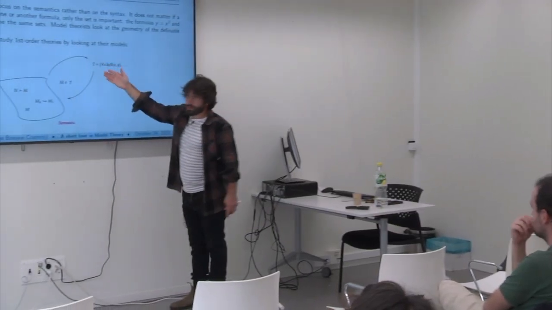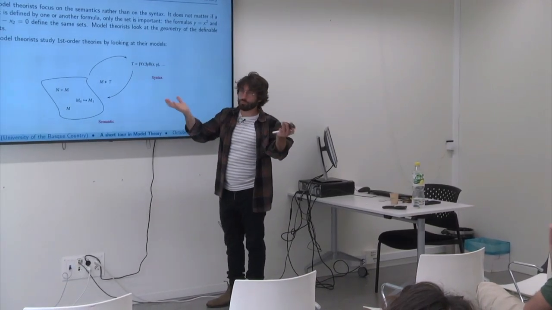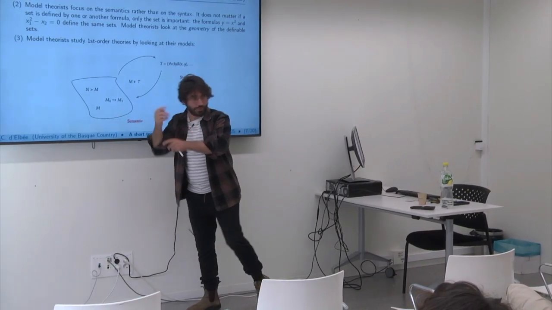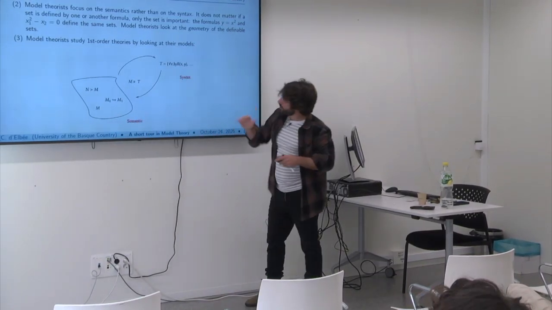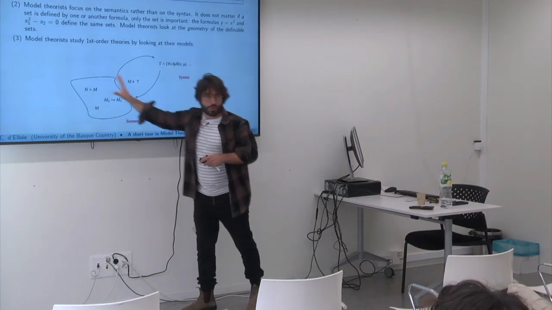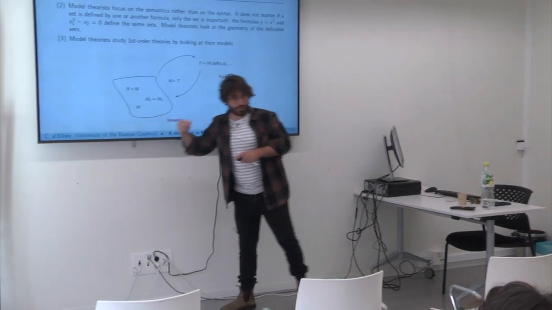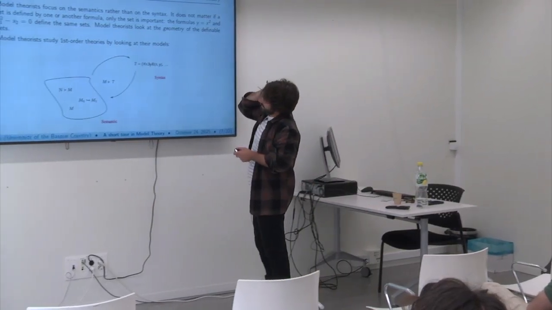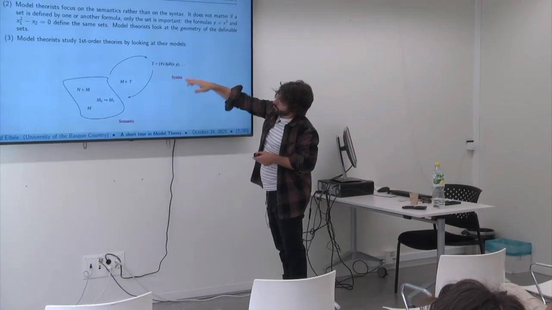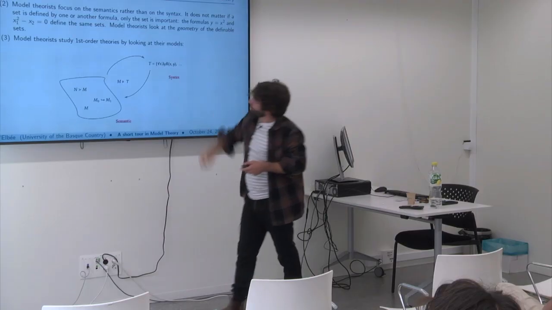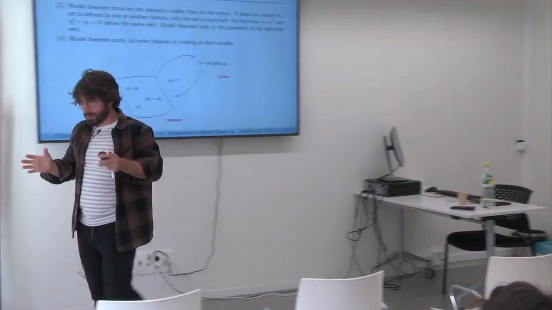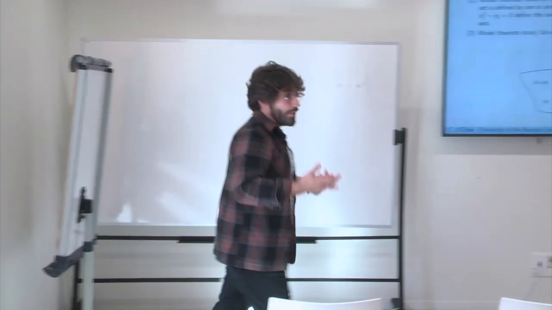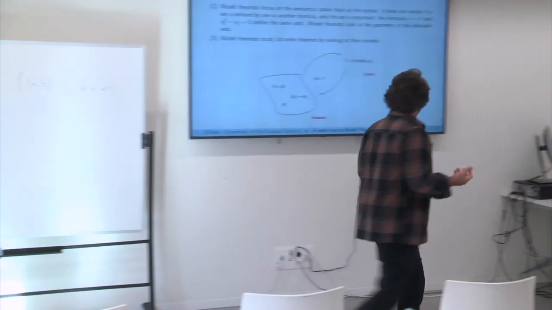If you want to show that a theory proves some theorem, you look at models, you try to derive something, and then you go back. So on the model theory side, we'll rather work here. The third point is sort of the same as the second point: it's a focus on the semantics rather than on the syntax, and that's why it interacts well with mathematics.